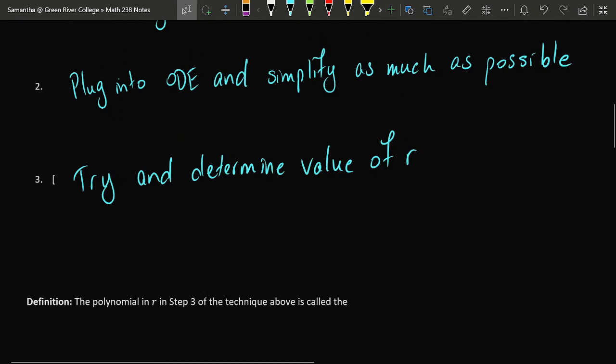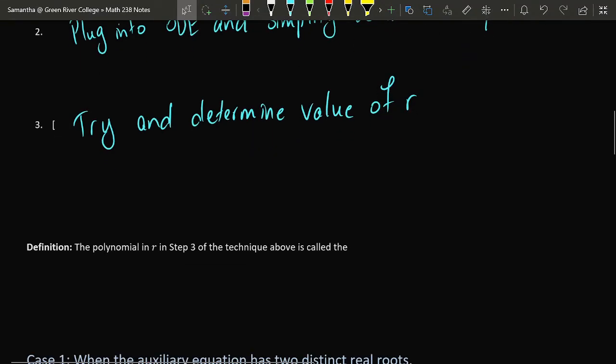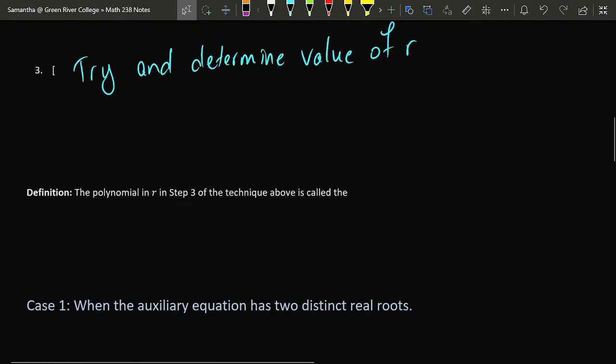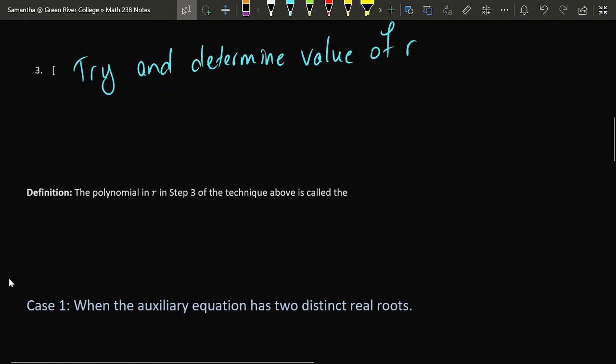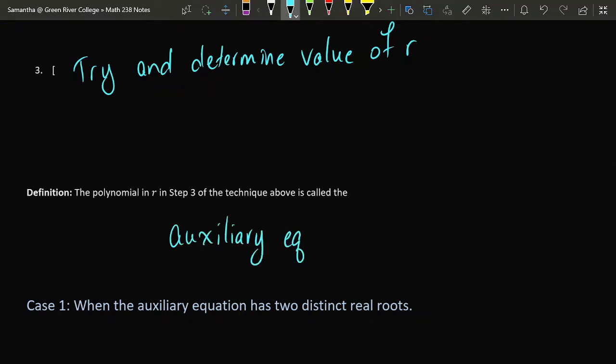Now when you do this, in step number 2, after you've simplified as much as possible, you're going to end up in step 3 with an equation that looks like a polynomial in the variable r. And this polynomial has a special name. It's going to be called the auxiliary equation. So you'll hear me refer to the auxiliary equation from time to time.